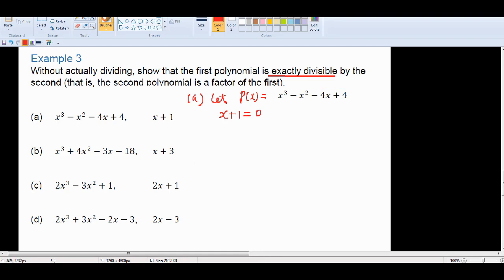We're going to find what value, when we put it into x, will make that divisor 0. So you see that x should be minus 1. To check whether x plus 1 is a factor of the polynomial P(x), you need to put that minus 1 into the polynomial P. By doing so, actually you are looking for the remainder.